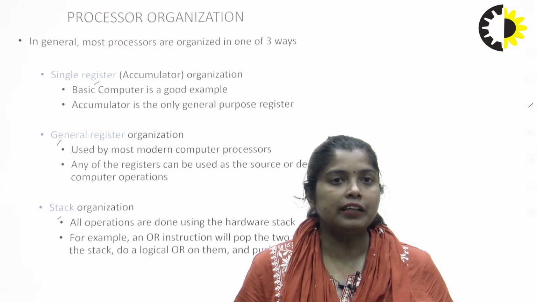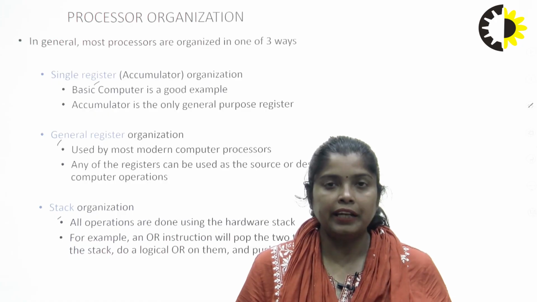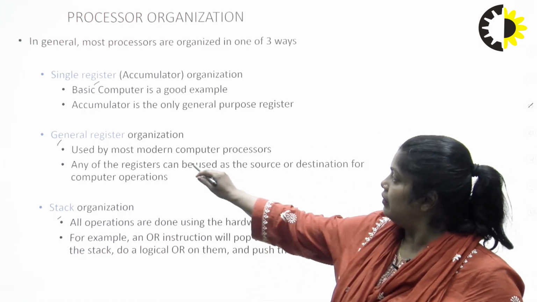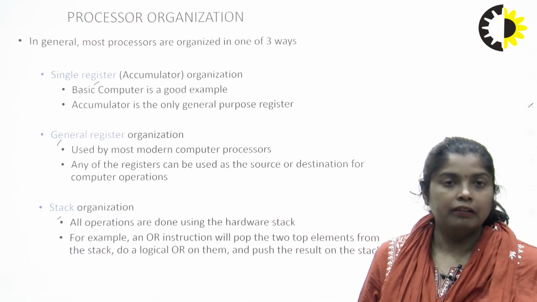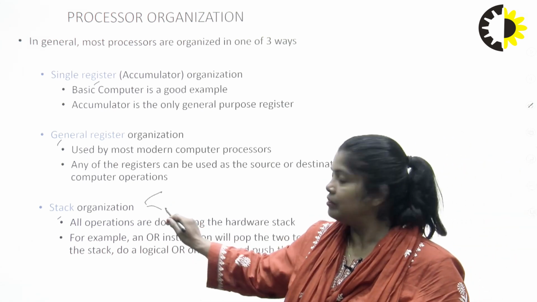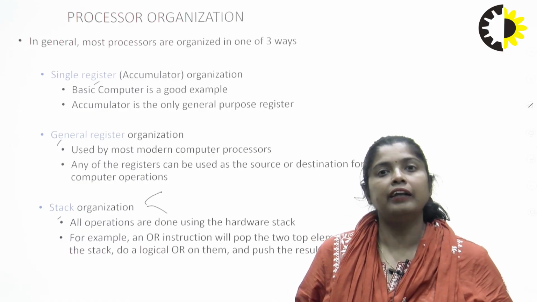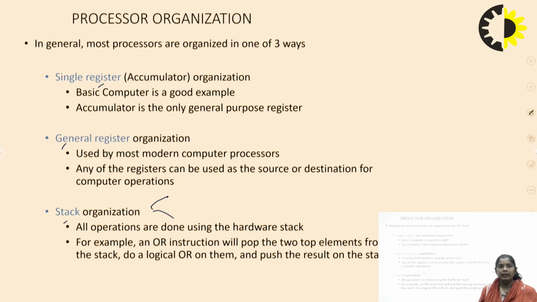In the general register organization, there are different types of registers, they all communicate, and different ALU operations are performed here. The stack organization is again of two types: the memory stack organization and the register stack organization. In the previous lecture, we already discussed the general register and stack organization.